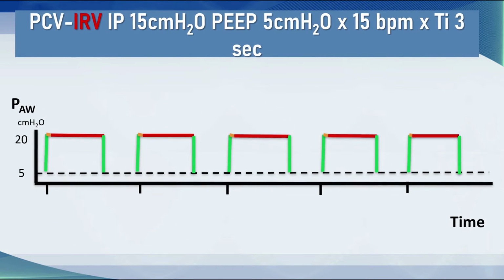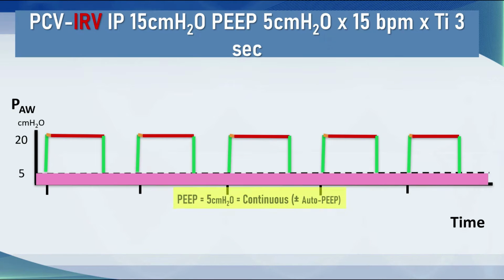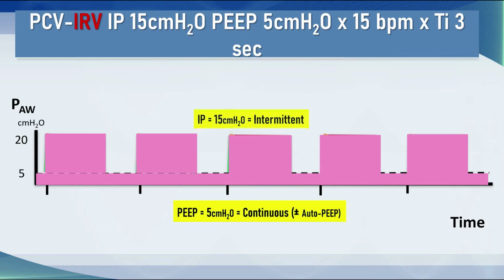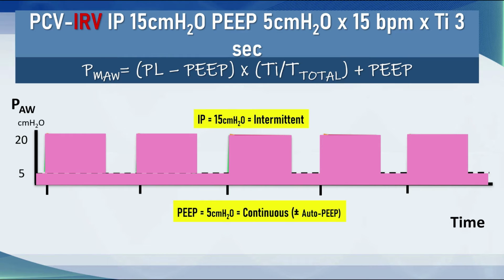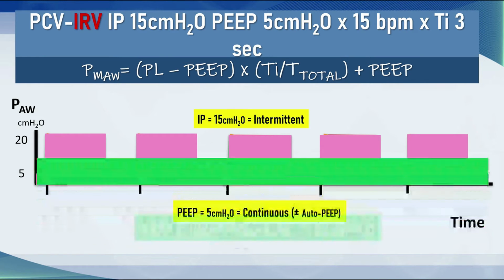Now, when we look at this pragmatically, the PEEP is continuous and it is unchanged from before, but that area under the curve of the pressure waveform is much greater than before. So the mean airway pressure has to be higher. And if we plug all these numbers into our calculation, this is what we get.